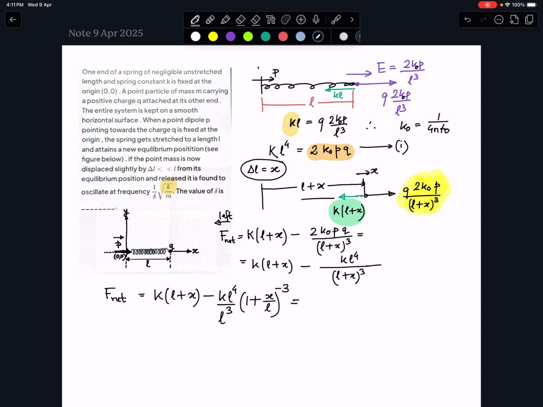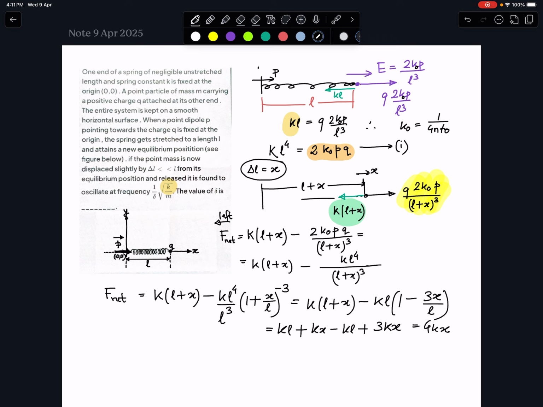So that is K L plus X minus K L into 1 minus 3x by L. So therefore you have KL plus KX minus KL plus 3KX, so that is 4KX.